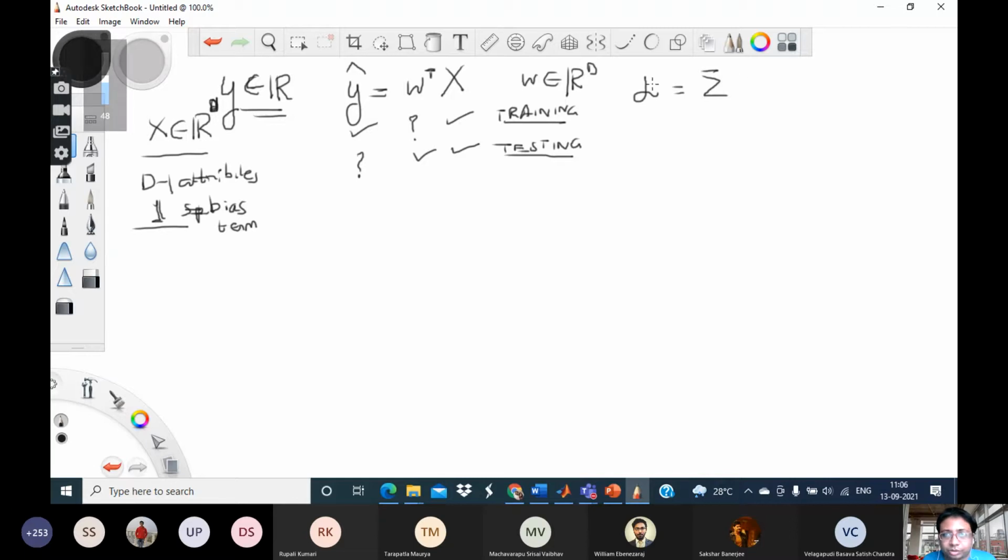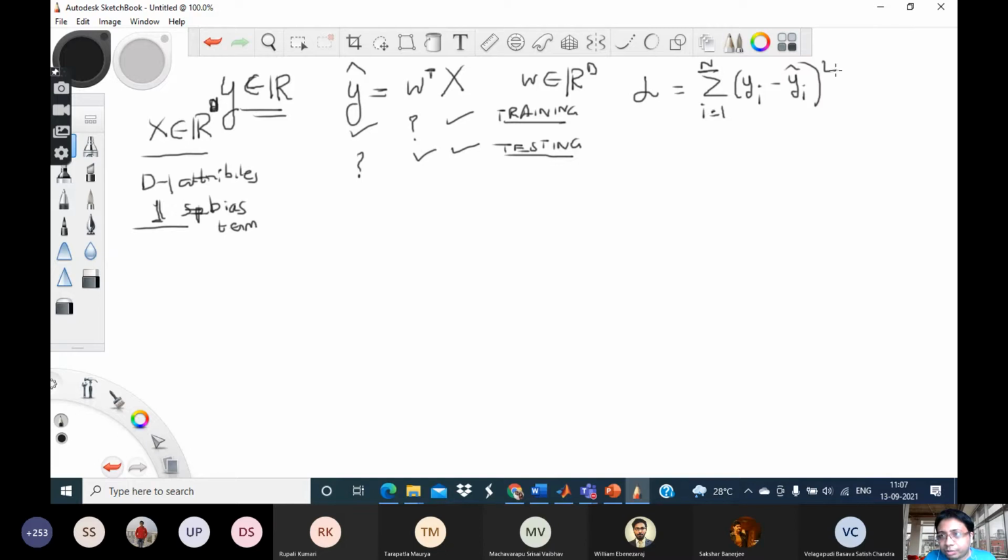Okay, so we defined a loss function like this. The loss function is what we call the squared error. If we consider all the test examples, let us say that there are n test examples. For every example, I calculate the square of the difference between the true value of y and the predicted value of y.